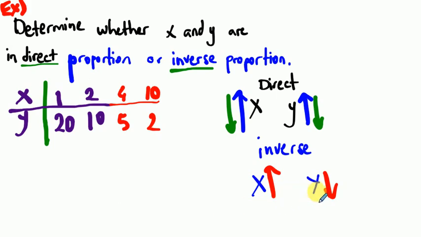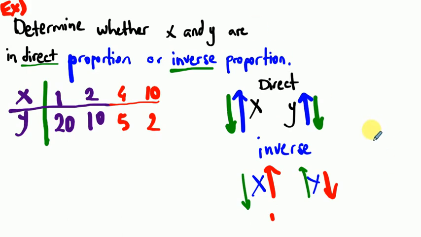If x and y are in inverse proportion, x will increase, y will decrease, or x will decrease, y will increase. So they'll do it vice versa.